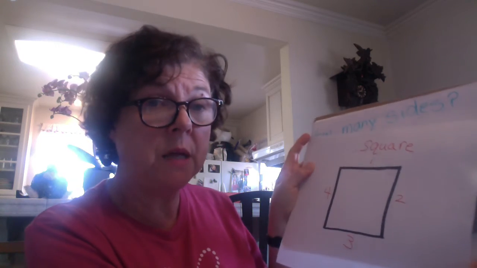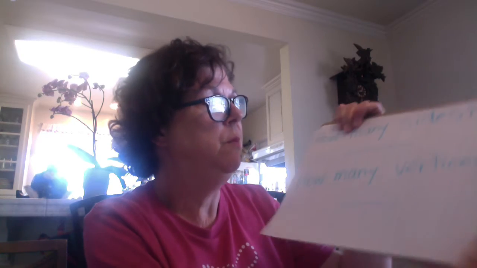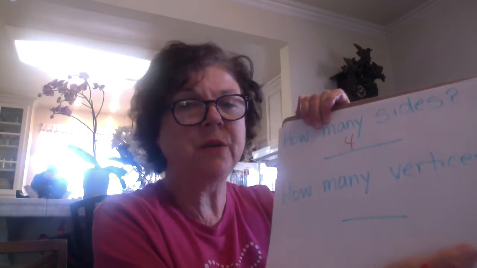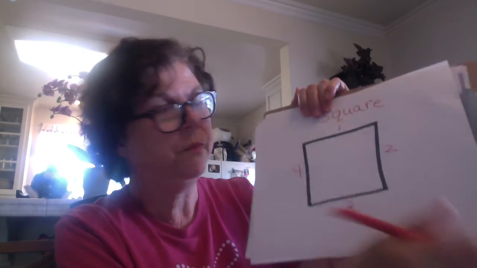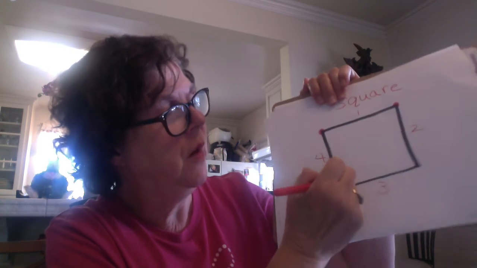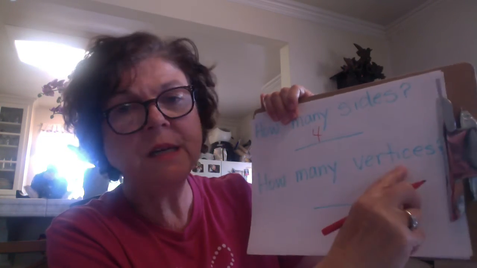They are equal sides. The lines are the same length. I'm going to put a 4. How many vertices or corners? 1, 2, 3, 4. It also has 4 vertices. I'm going to put how many vertices? 4.